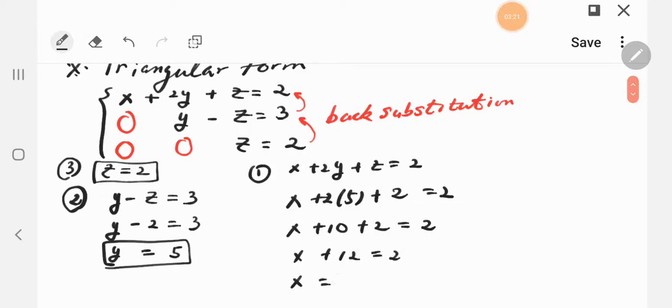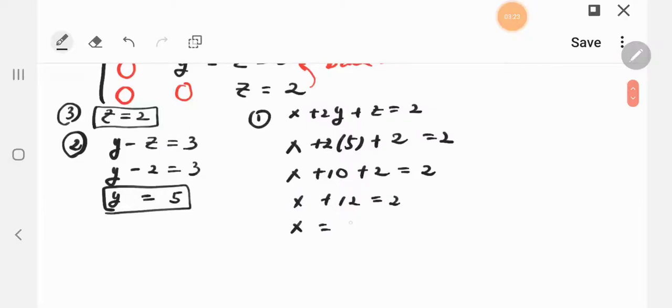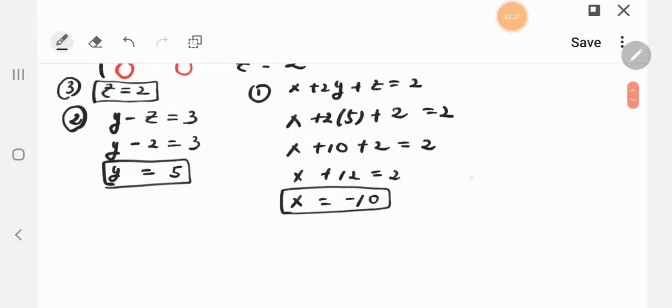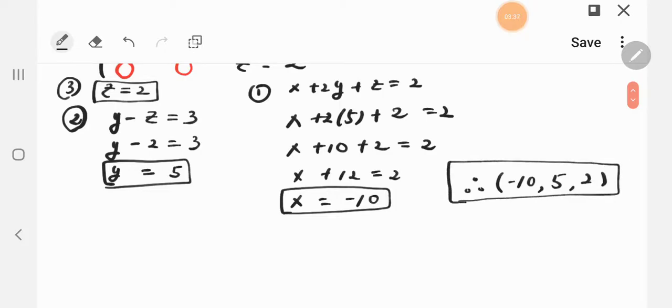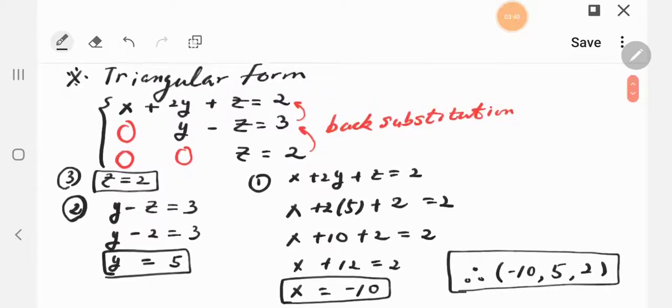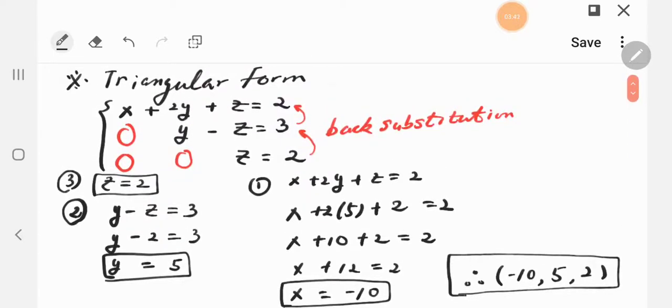Then subtract 12 from each side, so x is negative 10. Therefore, the solution is x is negative 10, y is 5, z equals 2. If we rewrite the system in this triangular form, then it's easy to find the x, y, z values.